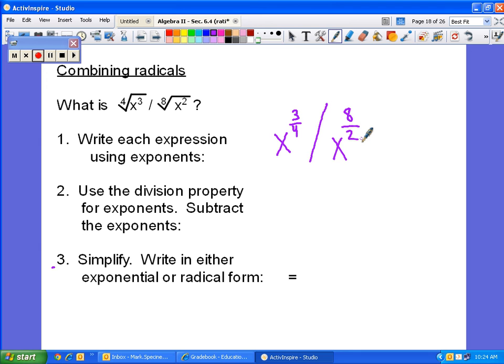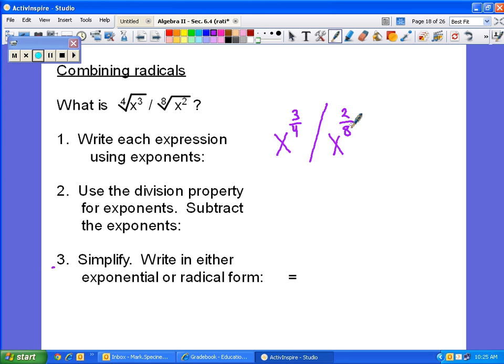Crystal? 2 over 8. Why is it 2 over 8 and not 8 over 2, Crystal? This is the index.